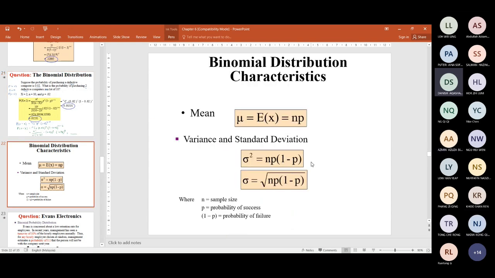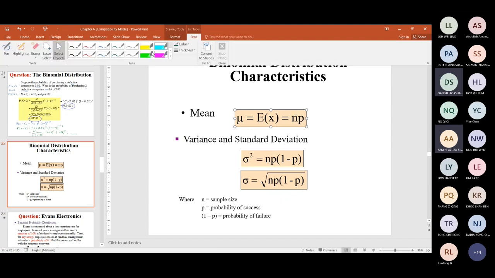All right. Okay, so the same for this one. For binomial, you can find the mean and variance as well as standard deviation. The mean, or the expected value, is NP. N is the number of trials, P is the probability.